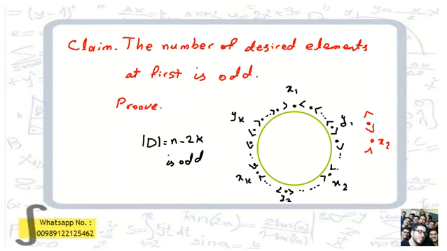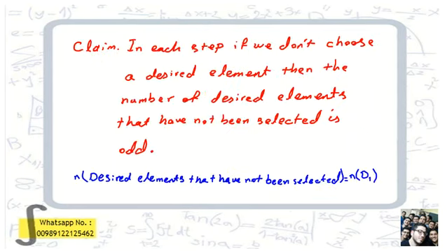Since we have x1, y1, x2, y2, and the last number is yk, we have 2k elements, xi and yi, that are not desired. So the number of desired elements is n minus 2k, and n is odd, 2k is even, odd minus even is odd. So we proved that the number of d is odd at first.